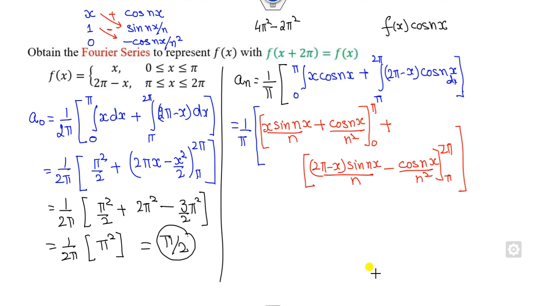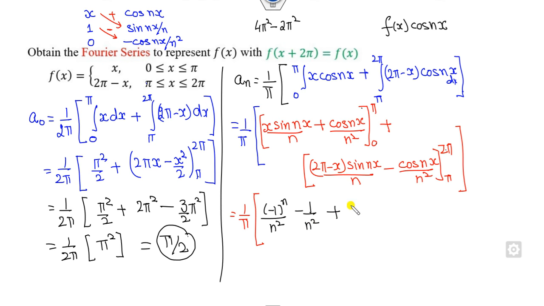Fine. Now you can substitute the limit. What is the upper limit? Firstly, you can substitute pi: sin n pi is 0, cos n pi is minus 1 to the power n over here. When you substitute 0, it's 0, cos 0 will be 1, so 1 over n square. Plus when you substitute 2 pi, it is 0, 2 pi minus pi is 0, and cos 2n pi.